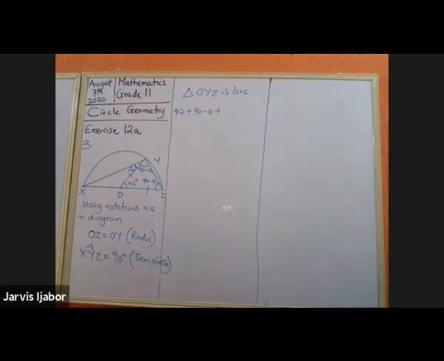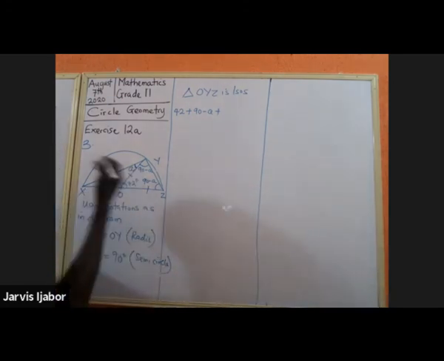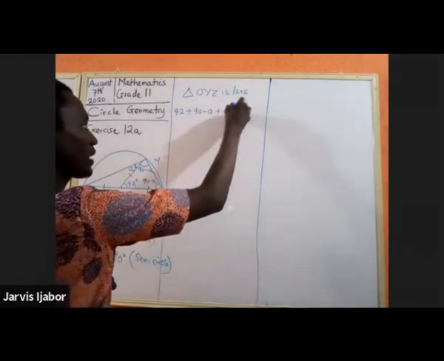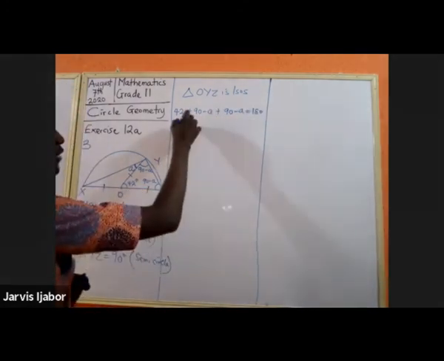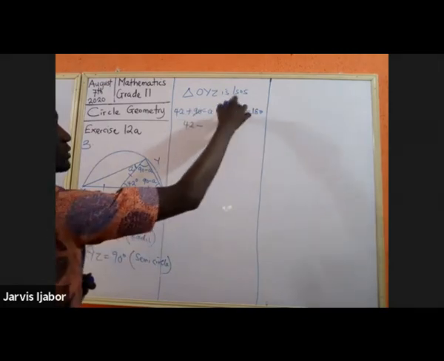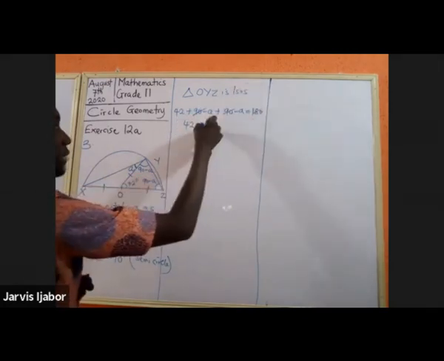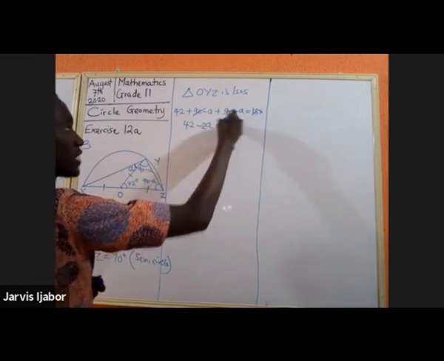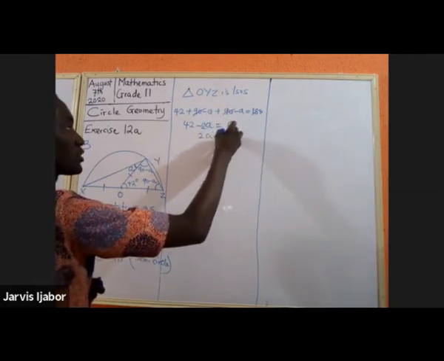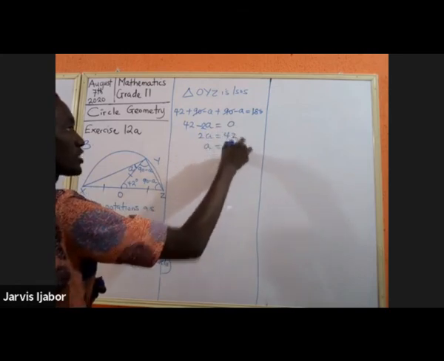Meaning that 42 minus 2A will be equal to 0. 2A will be equal to 42 and A will be equal to 21.